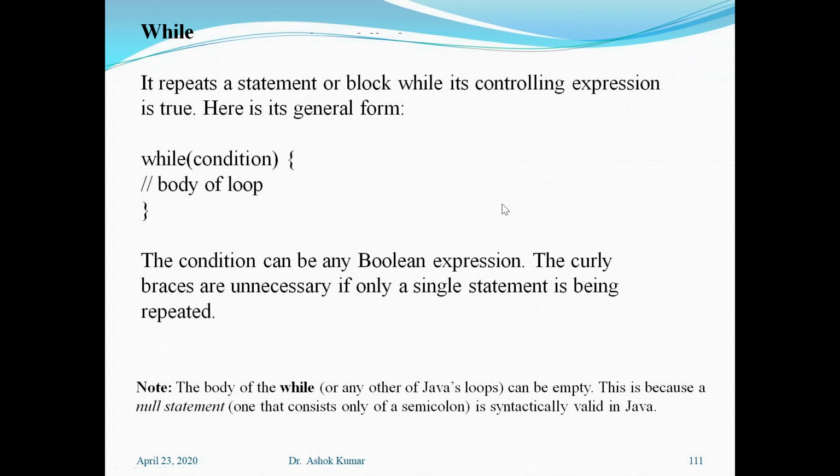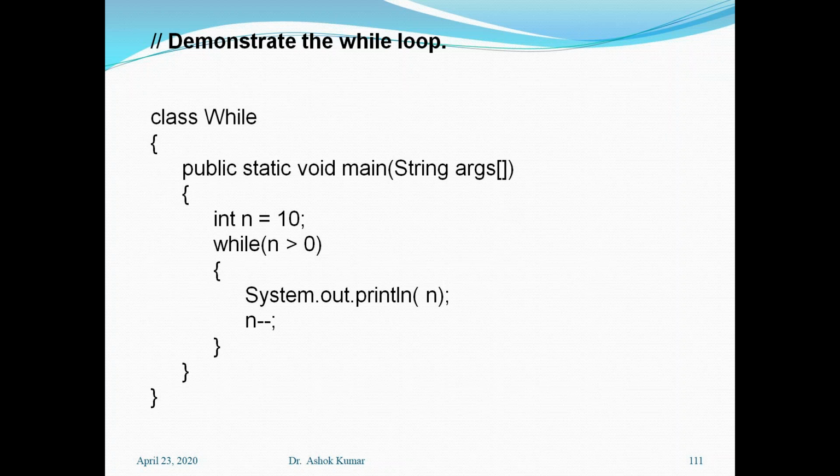So here is the program based on the while loop, and through this program we are printing numbers from 10 to 1. Initially we have used one variable n, and its value is initialized to 10 in this statement. After this the system will evaluate this while statement: while n greater than 0 is true, because n is 10, so 10 greater than 0 is true.